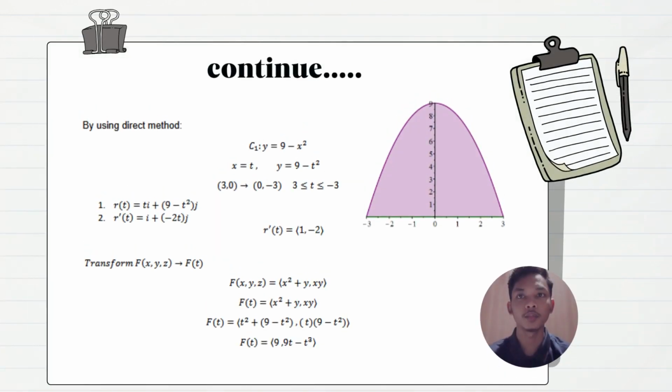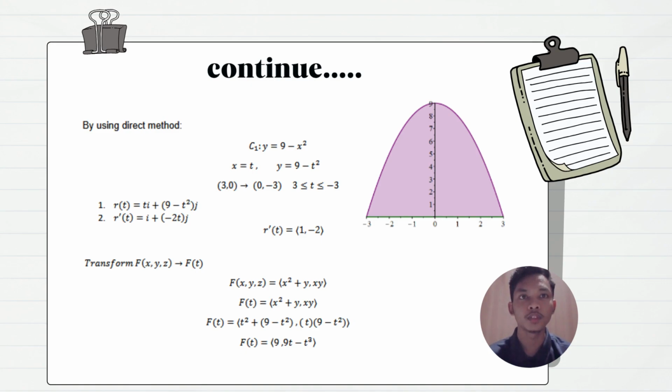Next, we use the direct method starting with curve C1, which is the parabola y equals 9 minus x squared. We parameterize the curve by setting x equals t, y equals 9 minus t squared, where t ranges from 3 to negative 3. This gives us the position vector r of t and its derivative r prime of t, which is i minus 2t j.